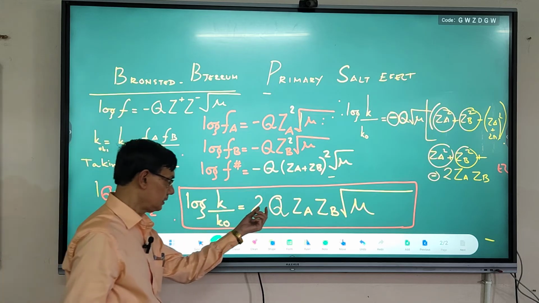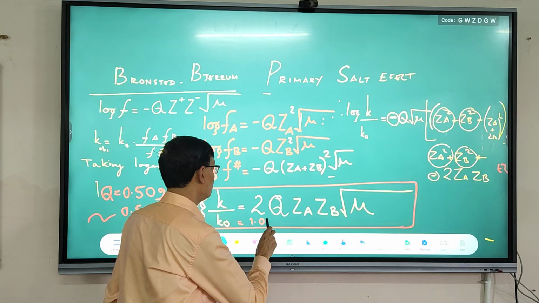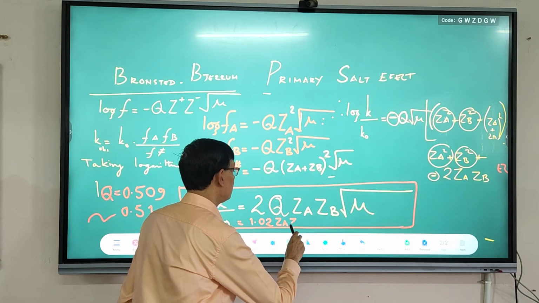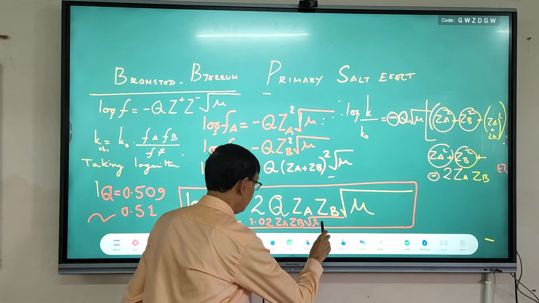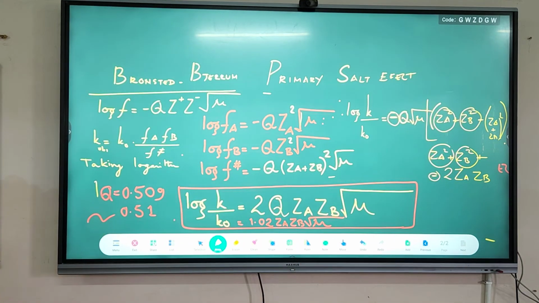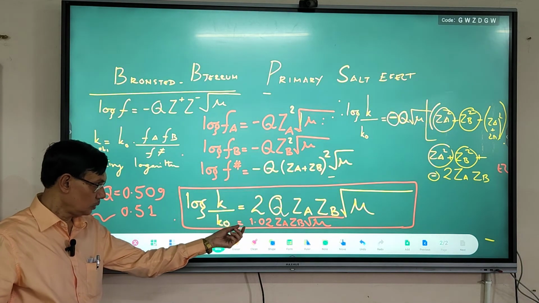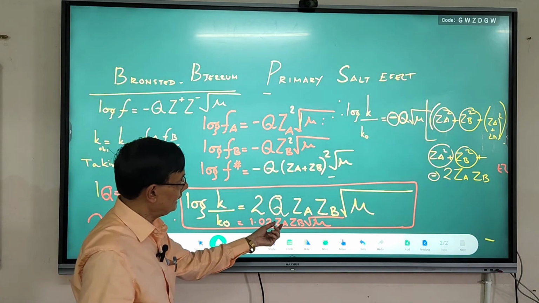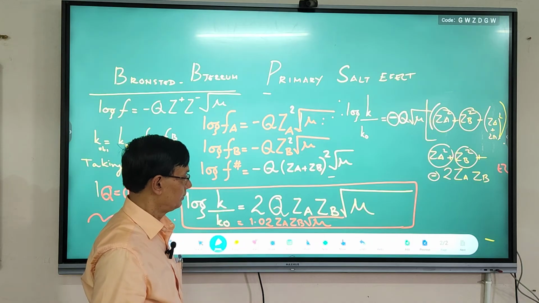If we multiply it with this Q, it is equal to 1.02 ZA ZB under root of mu. Log of K by K0 is approximately 1.02 ZA ZB under root of mu.